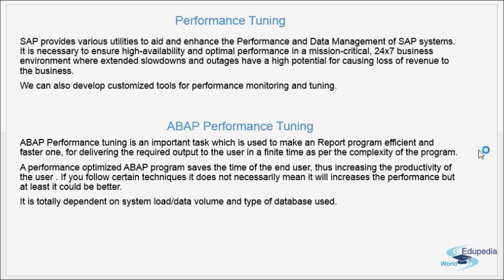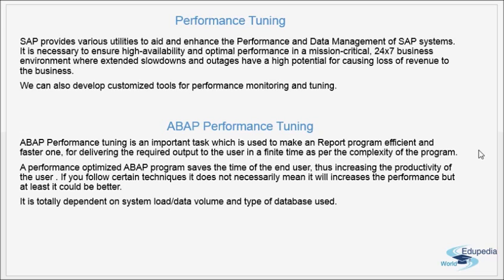However, we have to keep all these factors in mind, and we have to tune the performance of the system. Performance tuning means not only tuning the reports, but we also have to keep in mind how many CPUs and how much memory. All these things we have to consider while tuning.